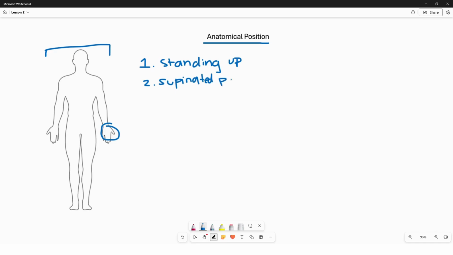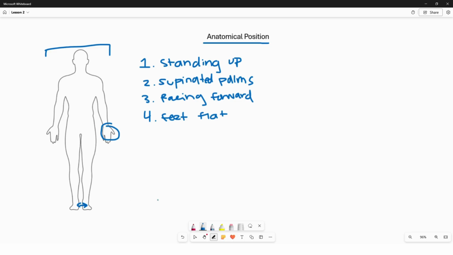His palms. And he is facing forward. And finally, his feet are flat on the ground and a little bit apart. And they're a little apart, I'm not going to write that.